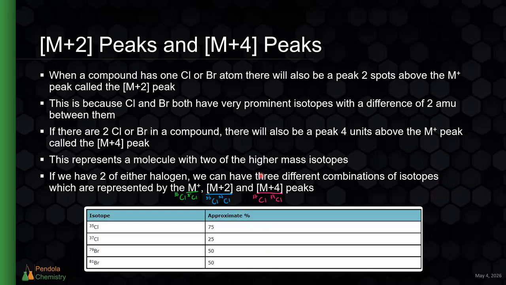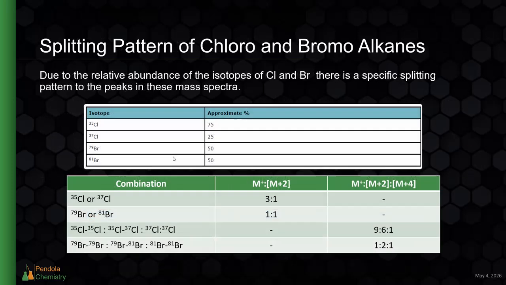So we can actually very quickly identify a molecule as having chlorine or bromine based on looking for specific patterns, because the relative abundances of chlorine and bromine are very specific and they don't change, right? We have a 75-25 split for chlorine, 50-50 split for bromine. We are going to get very specific splits when it comes to these elements.